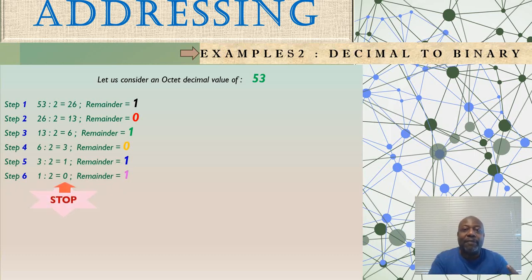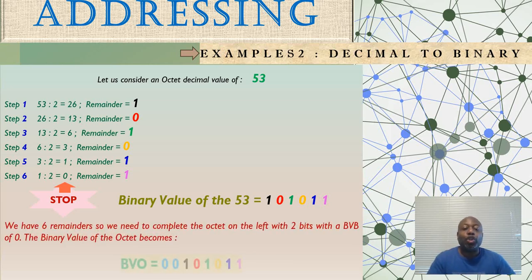The problem here, we have only 6 bits. 110101. An octet is 8 bits long. So we need to complete it. What is going to happen is that we'll add 2 zeros on top of them so that we make 8 bits. Why do we add this?